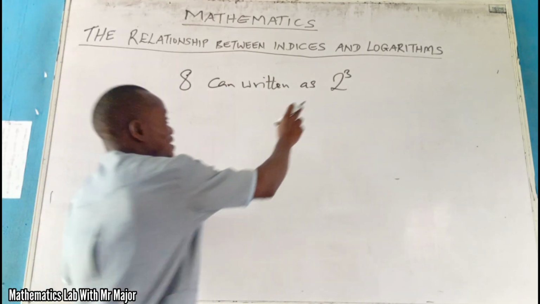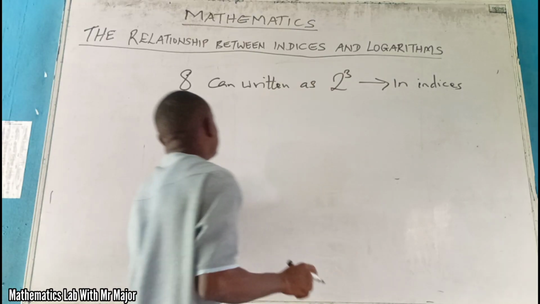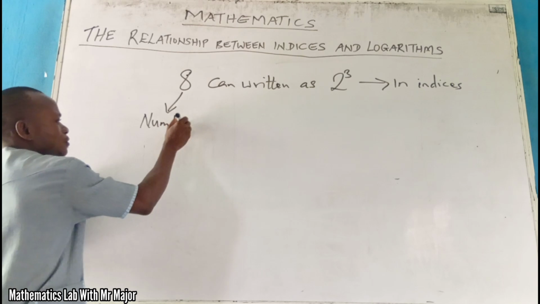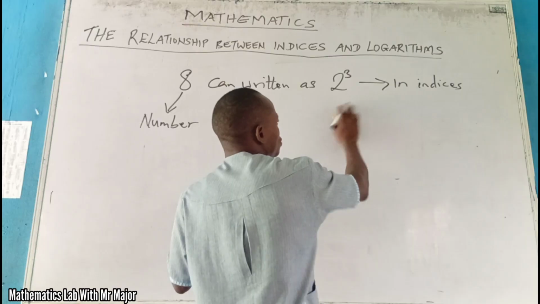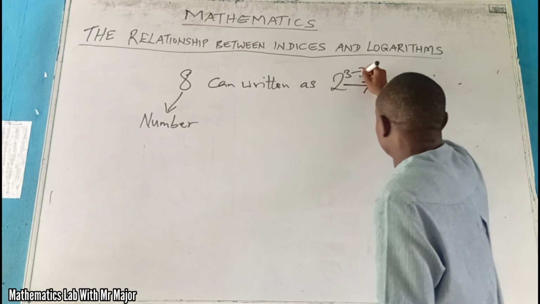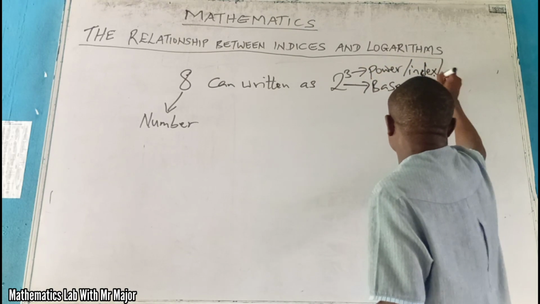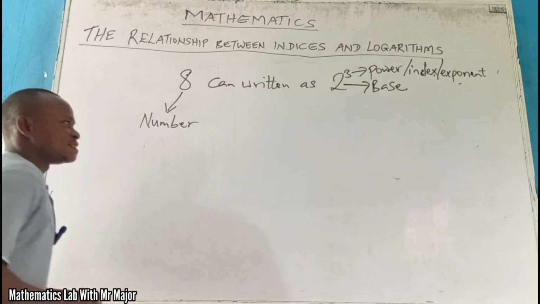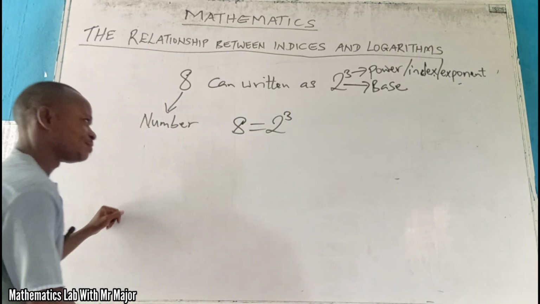Here, 8 is the number or the argument, 2 is the base, and 3 is the power or the index or the exponent. Which means 8 is equal to 2 raised to power 3.